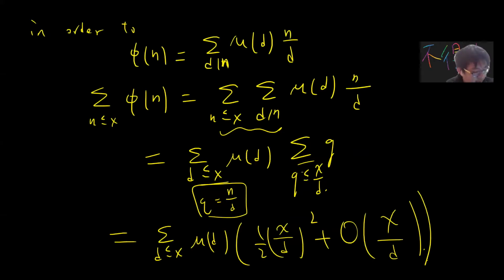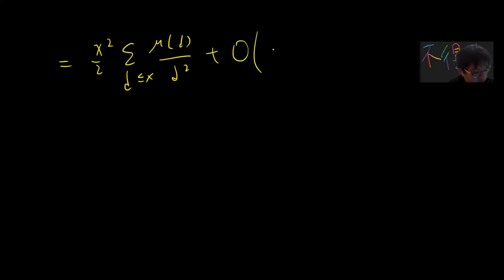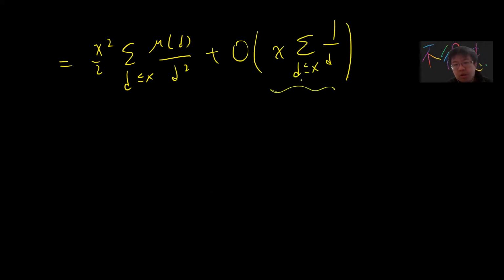You get a half of x squared times the summation of mu of d over d squared, d less or equal to x, plus this O of x times the sum over d less or equal to x. These terms can be easily controlled by using a log, so this is just O of x log x by this sum of 1 over d.